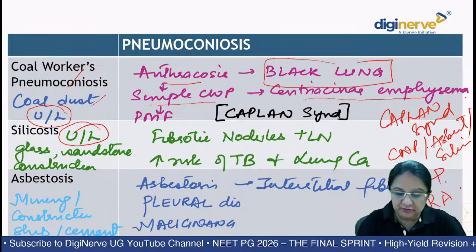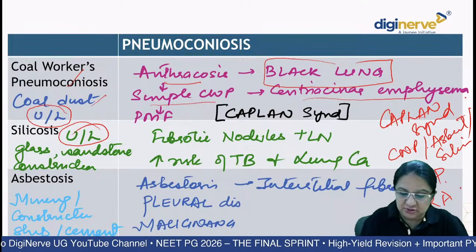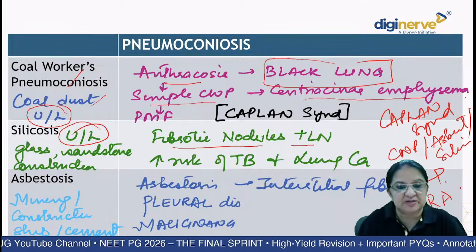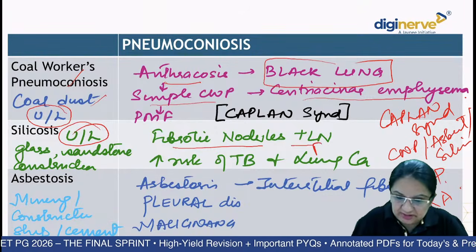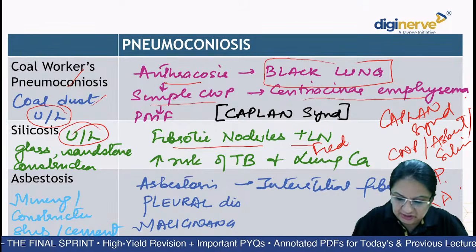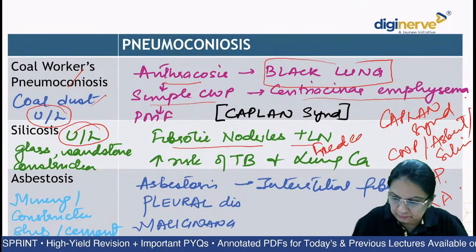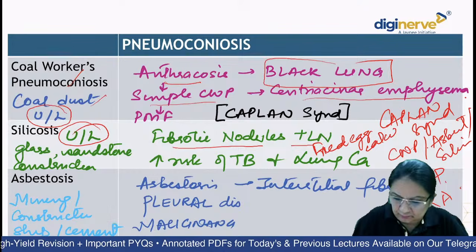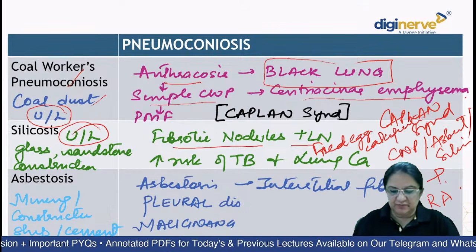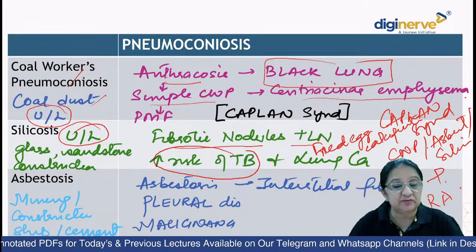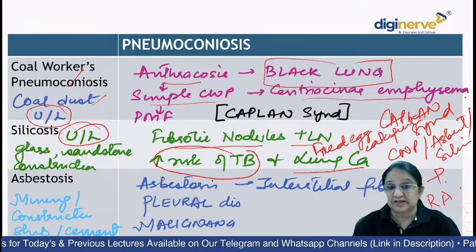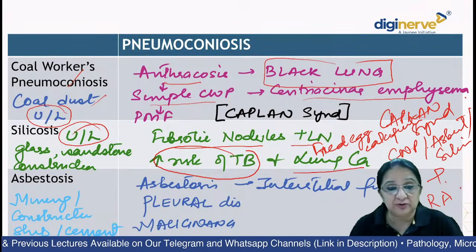Then what do you find in silicosis? You see fibrotic nodules plus lymph node calcification. What kind of calcification do you see in the lymph nodes? You see eggshell calcification. Okay, eggshell calcification. And silicosis patients are at an increased risk of infection with tuberculosis and also lung cancer. Lung cancer here is adenocarcinoma.